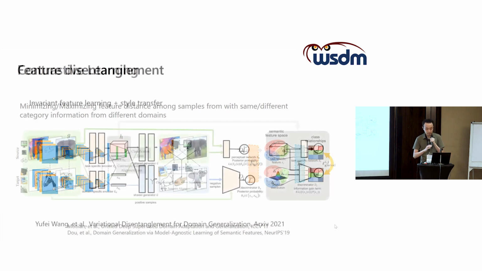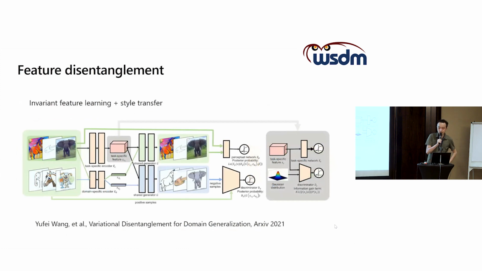Okay, besides directly applying feature alignment, one can also think about applying feature disentanglement. The idea of feature disentanglement is to disentangle the latent feature into domain-specific information, which may be more related to one specific style, and another part, the domain environment information.